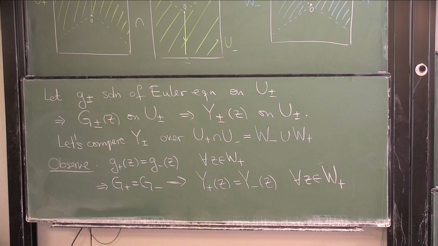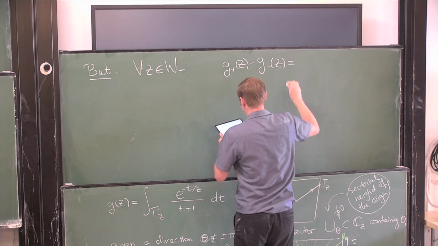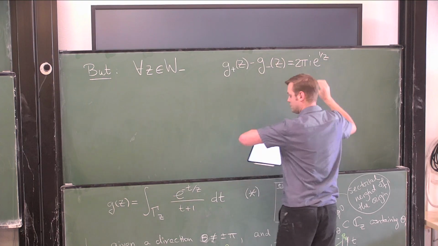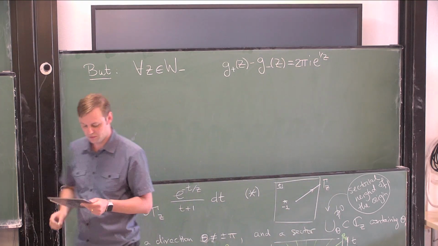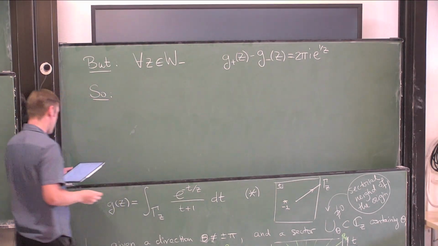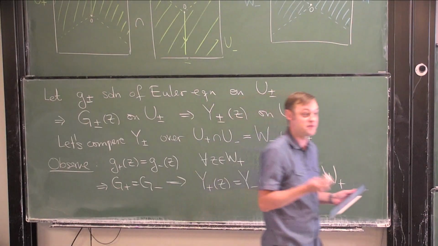I hope I got the signs right. The difference was this 2 pi i multiple of e to the 1 over z. So that means that my fundamental solutions are different.